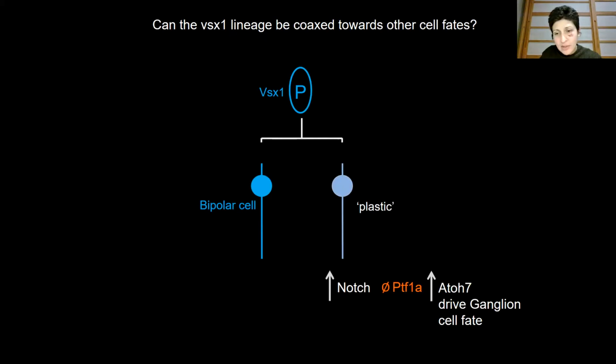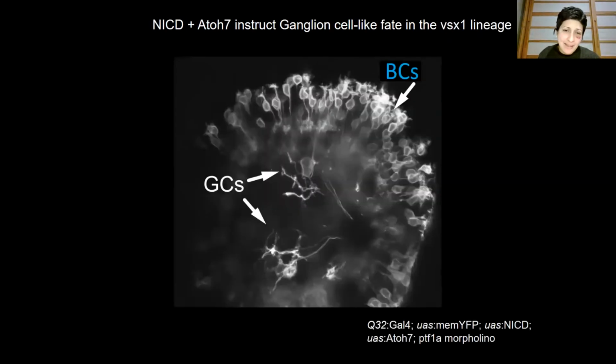And we chose atonal 7 to drive the ganglion cell fate. And the reason we chose this is because this cell type is generated long before bipolar cells or amacrine cells are generated. And essentially, it's well known as a driver of this particular cell fate, and it's completely different to the VSX1 lineage.